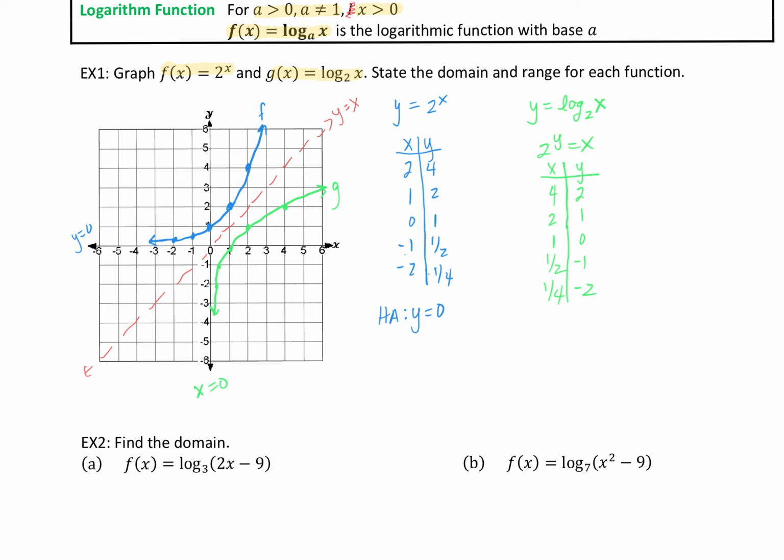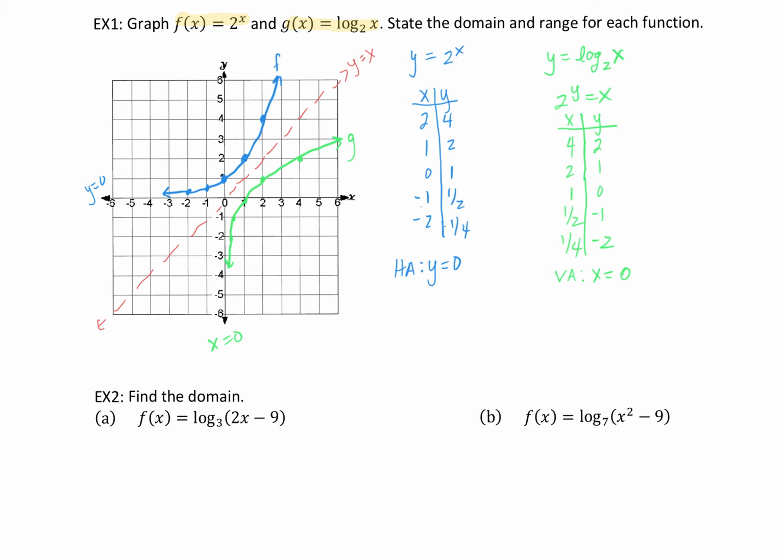And that makes sense because we switched our x's and our y's, we also switched our asymptotes. So where we had a horizontal asymptote of y equal to 0, that becomes a vertical asymptote of x equal to 0. The other part of this question was to state the domain and range for each function.